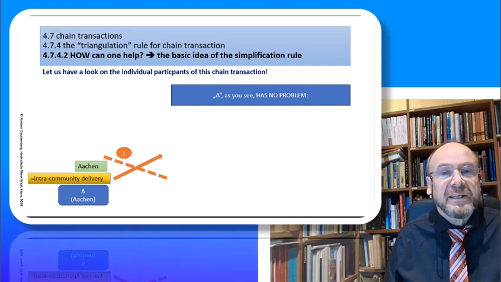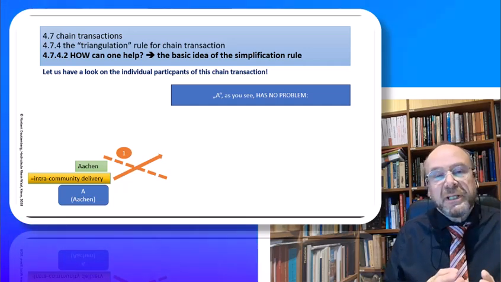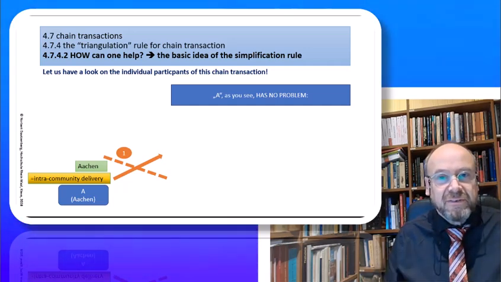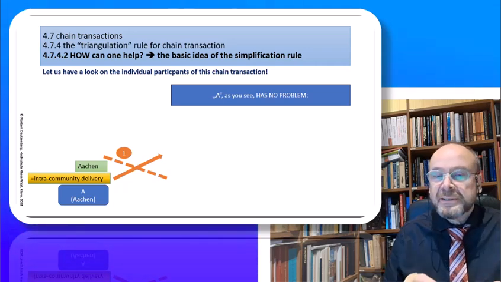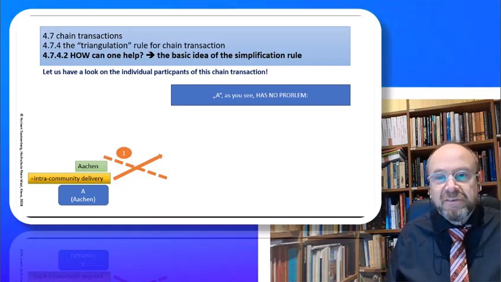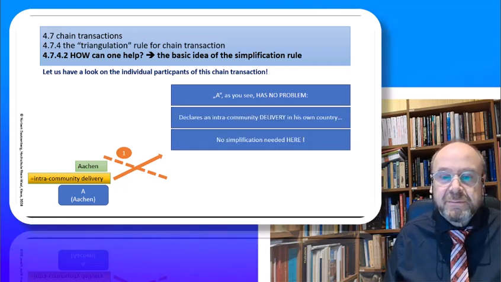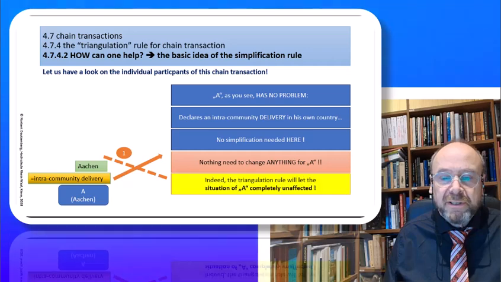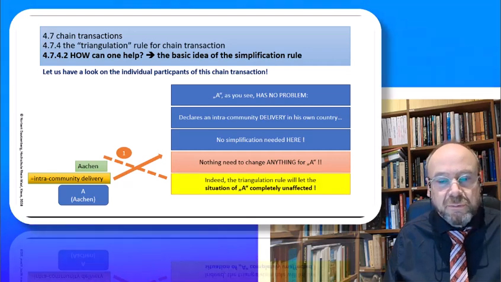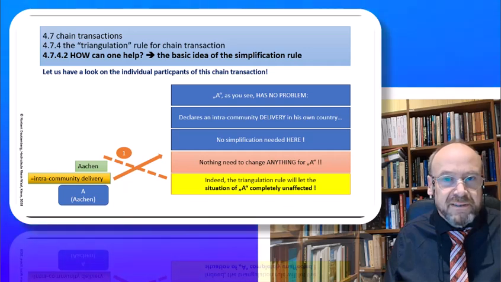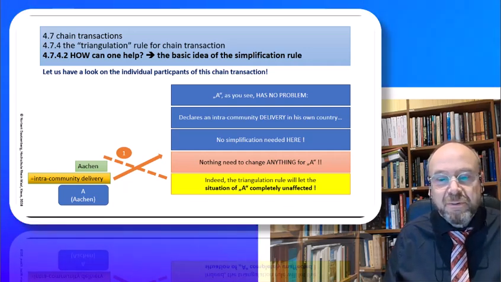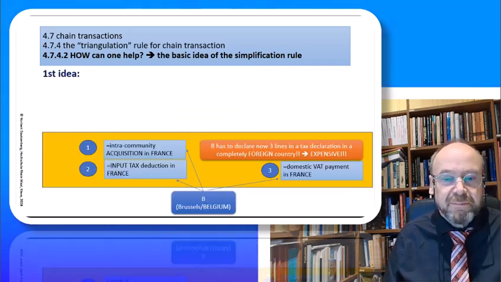Everything is fine. A has no problem. So whenever you think about a simplification of the bureaucratic procedures here, you don't need to change anything as far as A is regarded. So no problem here. So the triangulation rule will also respect that and leave A's situation completely unaffected. Nothing happens for him.